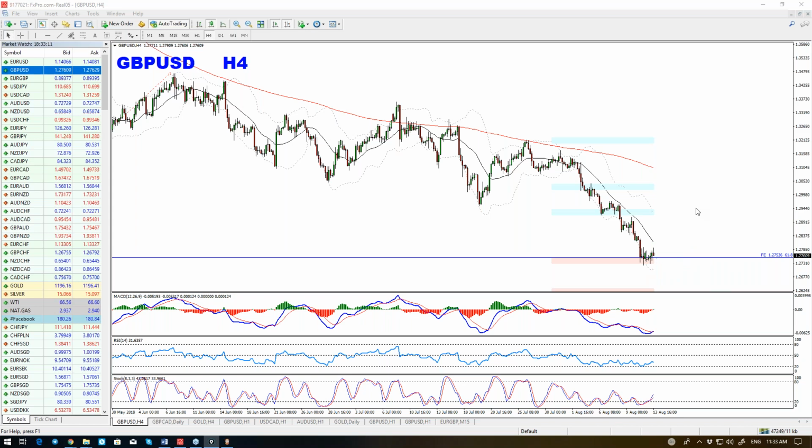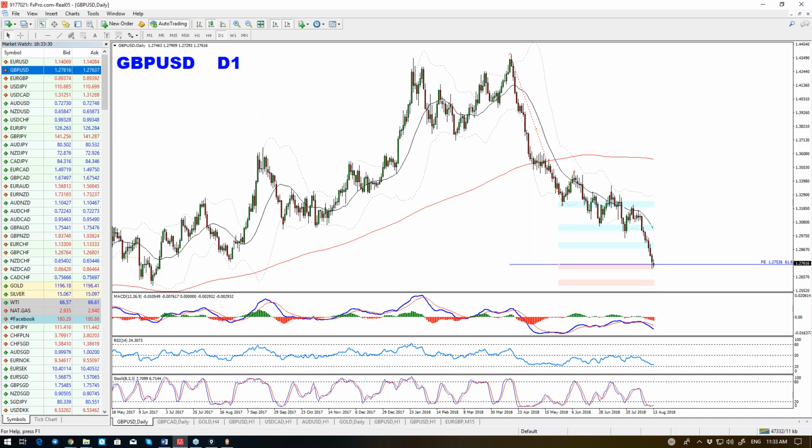I would not be surprised at all if the pound does this job exactly. So the best trading at this stage for this pair is basically short term. Still sell the rallies.